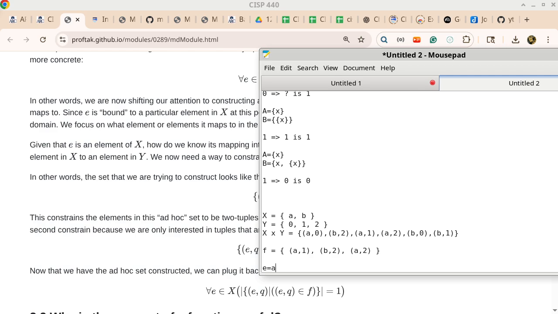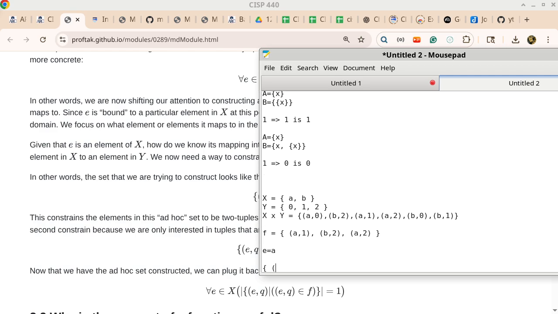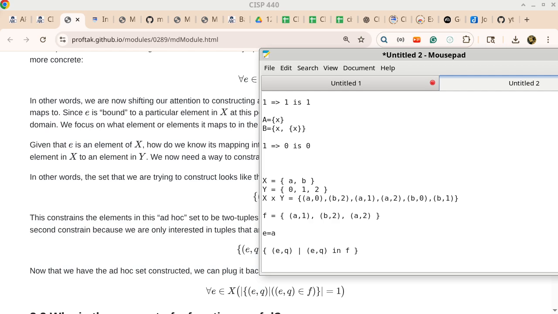E is exactly A, which is coming from X. So now when we ask, give me a set where each element in the set is a two tuple in the form of E, Q, such that EQ is an element in F. Okay, so we want to evaluate this, right? The best way to evaluate this is to go, oh, we know what is in F, so we just have to evaluate all those things, one at a time.